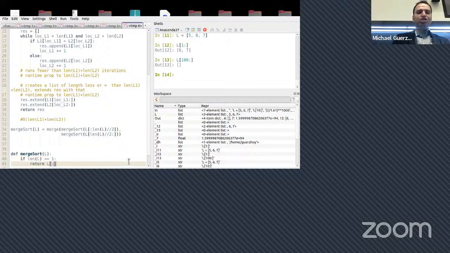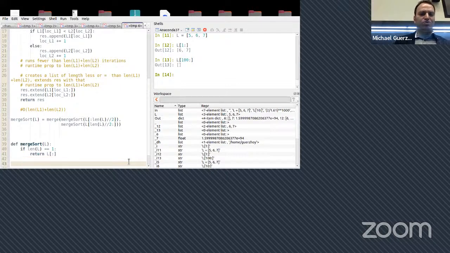Here we'll return a copy of L rather than L itself. The reason is, it's not nice to sometimes return something that's an alias of something else. I don't want to return an alias of the input, because if the user then changes that alias, that also changes the original input, and the user might not have intended that.